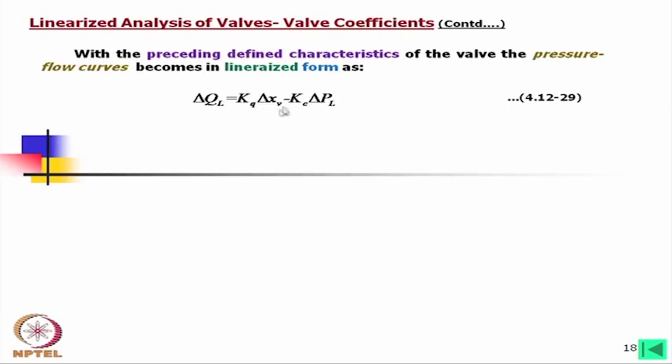That means, if these two values are known for a valve, if the valve characteristics are fully defined in an operating zone, that means, for each and every operating zone you should have these values available in your hand, and then you know what will be the displacement, and this pressure you can measure or calculate to have the load flow. Now, once this is calculated, then our actual interest will be this one.